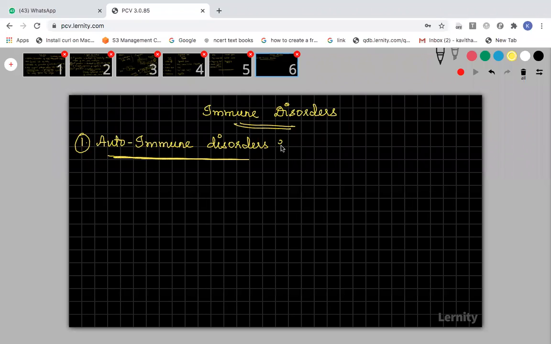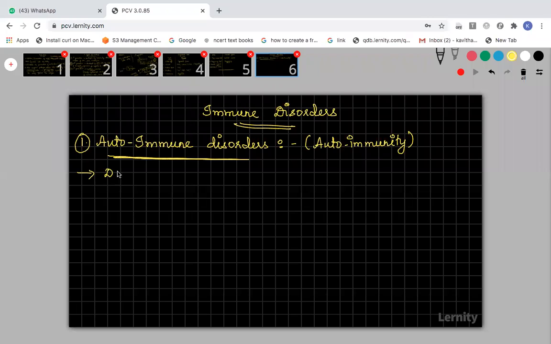Okay, so you know what you mean by autoimmunity, right? So autoimmune disorders can also be called autoimmunity. In your human physiology, you would have studied many autoimmune disorders, starting from your respiration chapter, in respiration, circulation, excretion, locomotion, in all that you would have studied one autoimmune disorder, which we call autoimmunity. So when do these disorders develop?